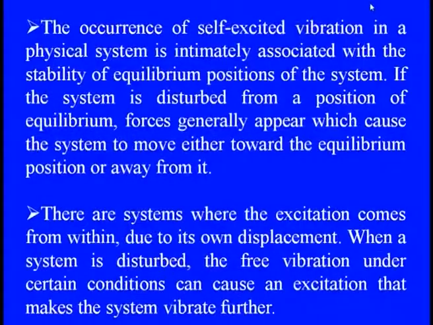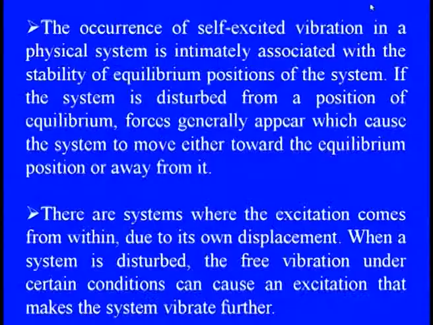And the occurrence of this self-excited vibration in any physical system is intimately associated with the stability of equilibrium positions as well. If the system is disturbed from the position of equilibrium, forces generally appear that cause the system to move either toward the equilibrium position or away from it.